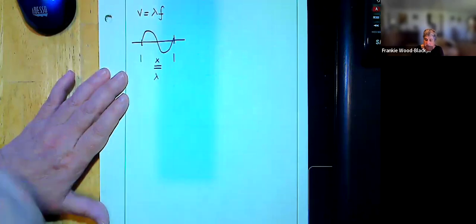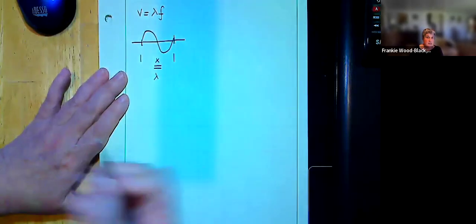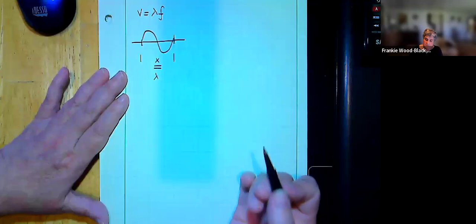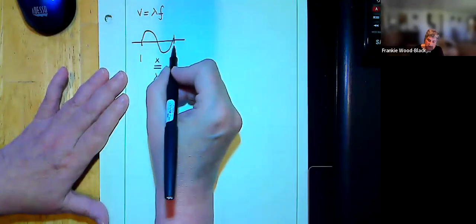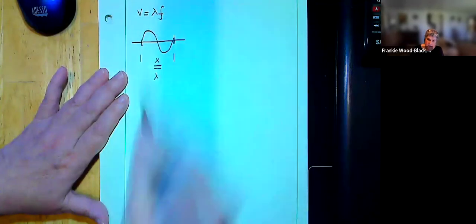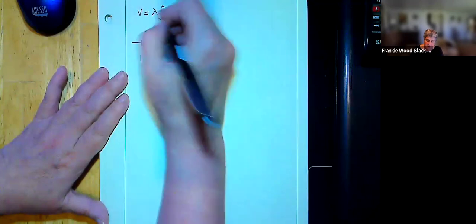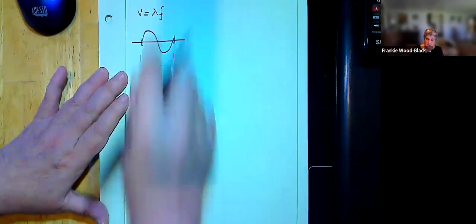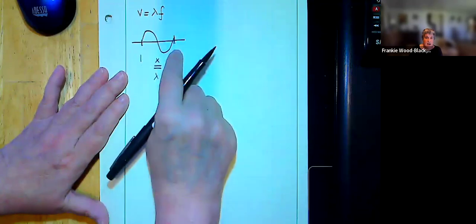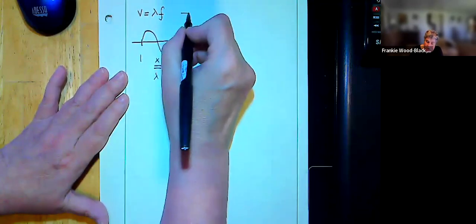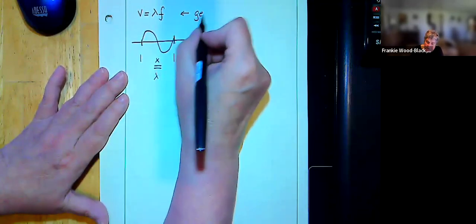That would be my wavelength. Frequency is related to time. So my wavelength is going to be the length, and my frequency is going to be my time, and we have our velocity is wavelength times frequency. And this is a general for any wave.